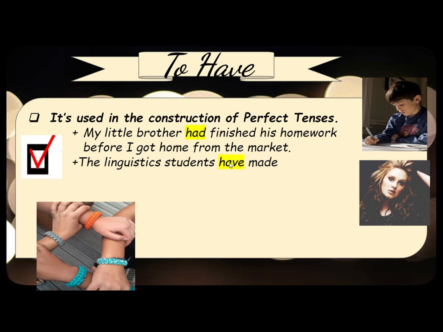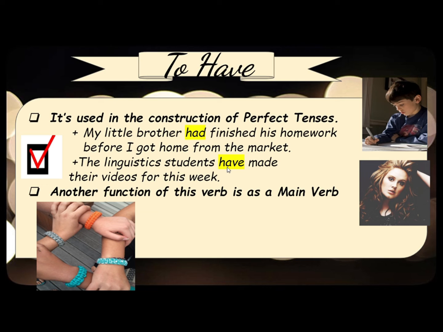The linguistics students have made their videos for this week. In this sentence, we use the verb to have as an auxiliary as well, but in this case, it is used in the present perfect.